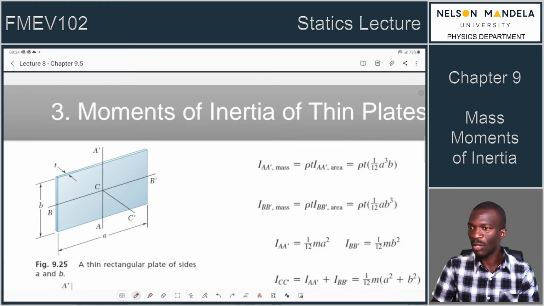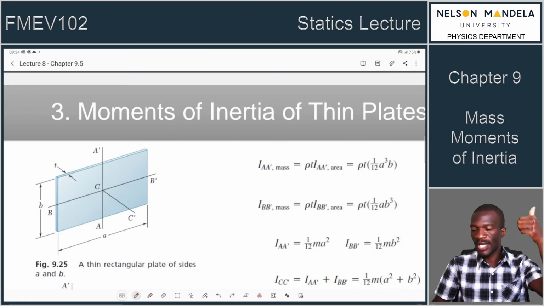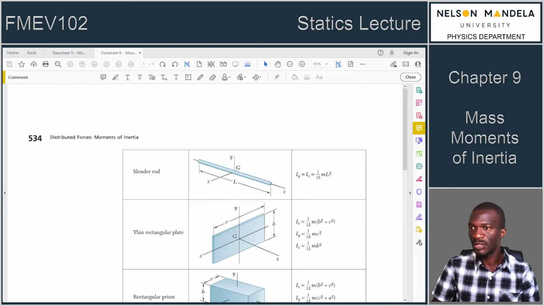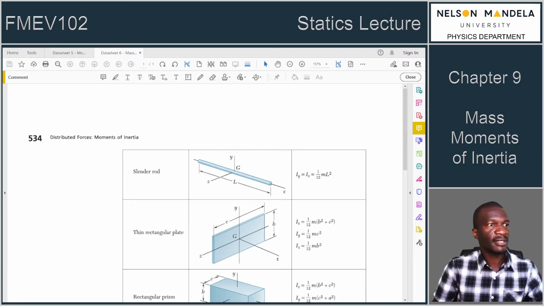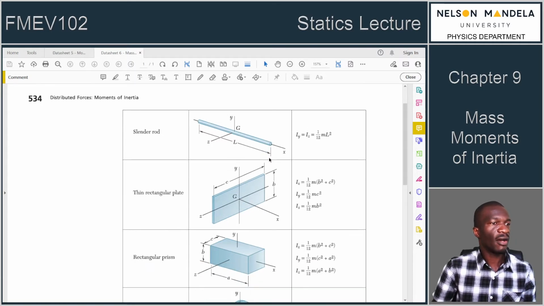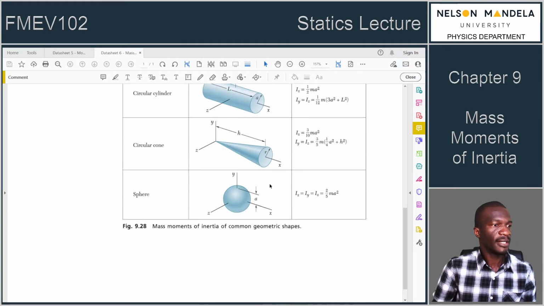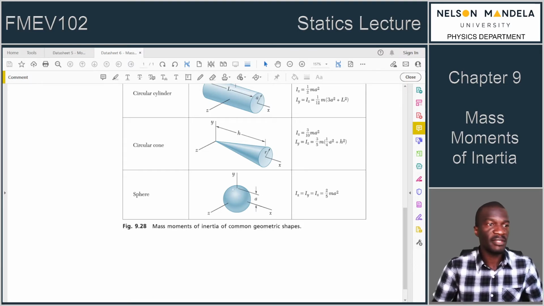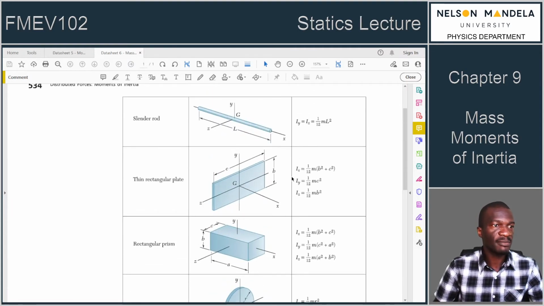What I'll do is I'll pull out those tables that we had before for mass moments. So let's just see if we have the tables here. Right, so these tables, let's make them large. These are from figure 9.28. You have them in your textbook.